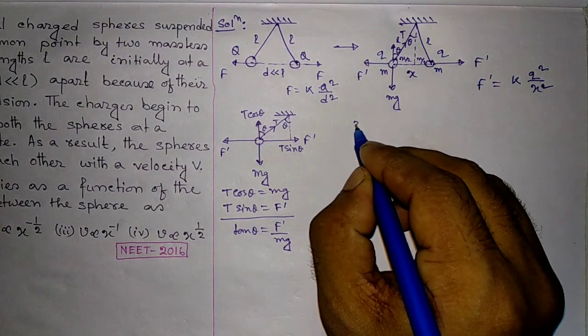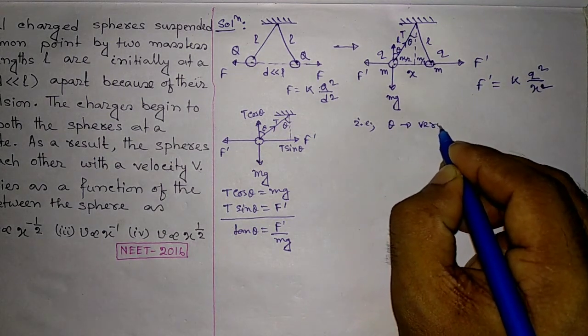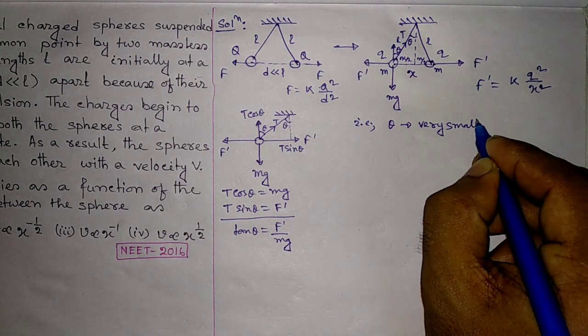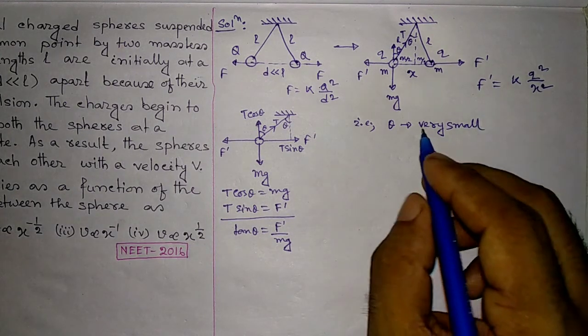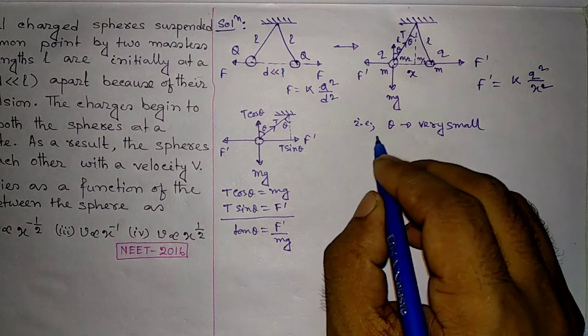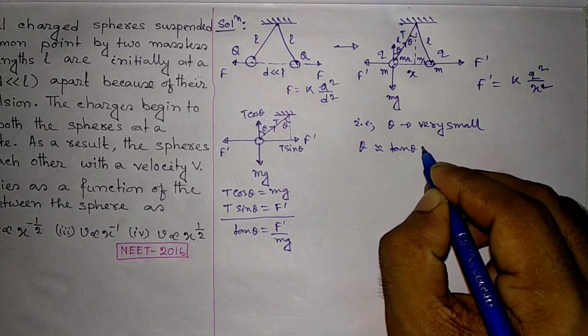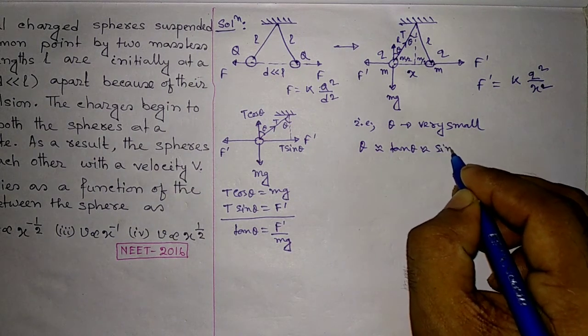Theta is very small, so theta is nearly equal to tan theta, nearly equal to sin theta.